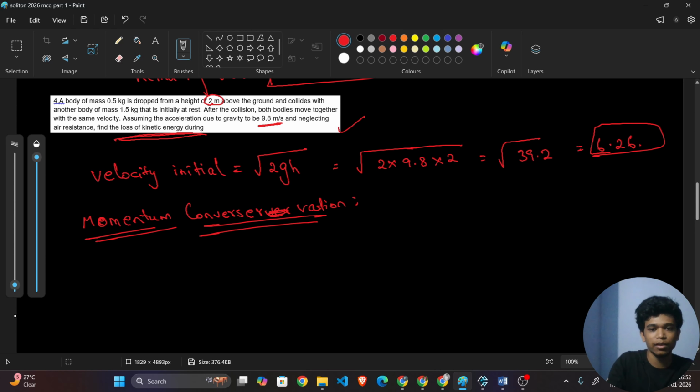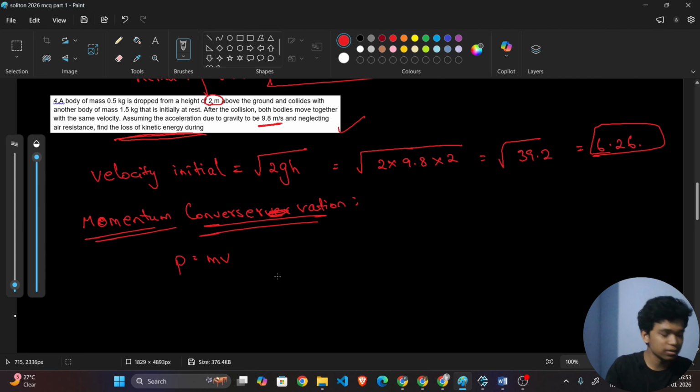By using this we can find the final velocity. What is the formula for momentum? It is m into v, so p is equal to mv. This is your momentum. The initial momentum and the final momentum will be the same, and by using that I am going to find it.